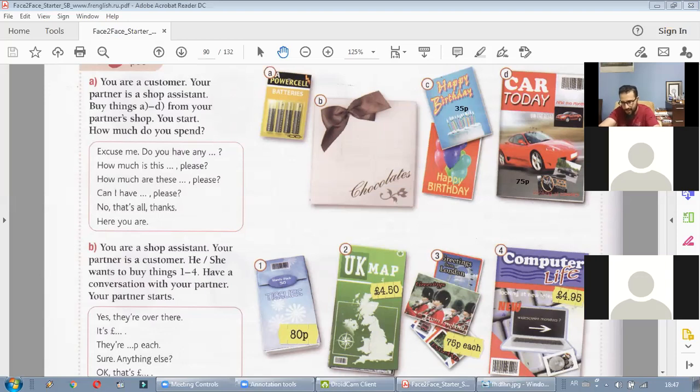How much are these batteries, please? Sorry. Can you see the price of the batteries on the media? How much are these batteries, please? I told you. There are £2.50.